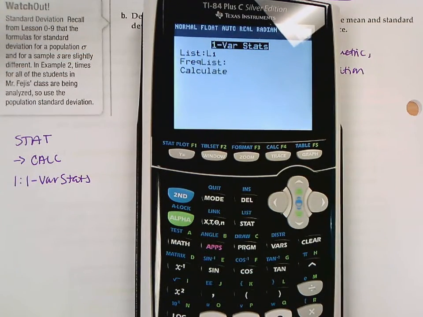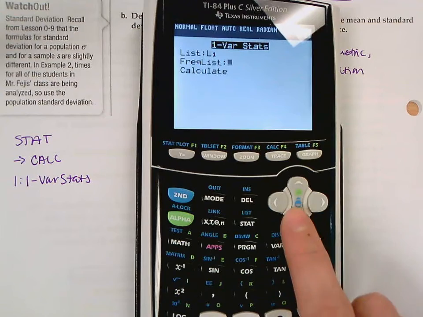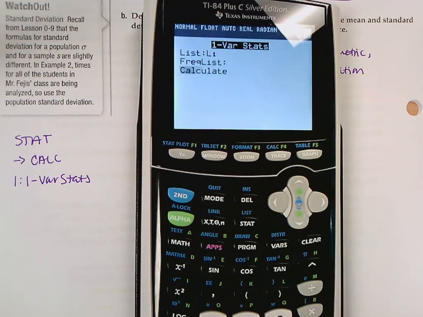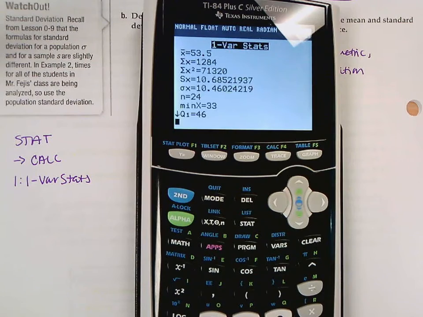So mine's L1. Lindsay, yours should say L2. Okay. And then frequency list, you don't put anything. You just go down to calculate and hit enter. And then, yes, if you have a black cover, you just hit enter. And it should give you this screen. If it doesn't, let me know. But nobody said anything first or fourth hour.